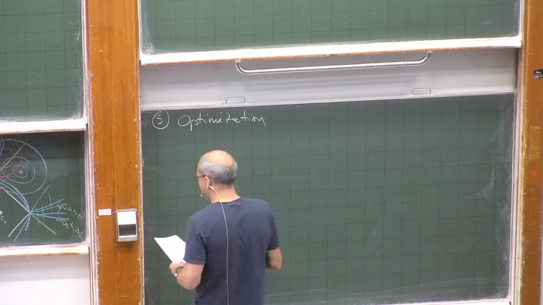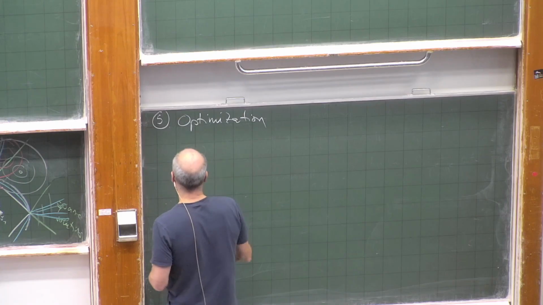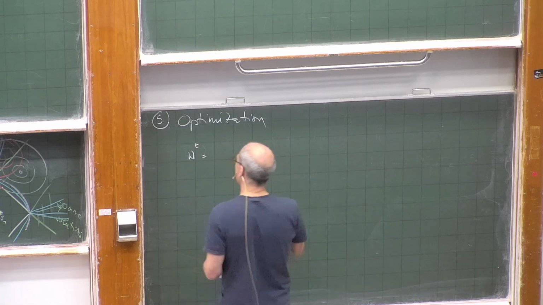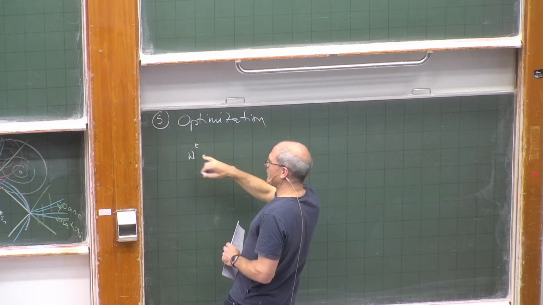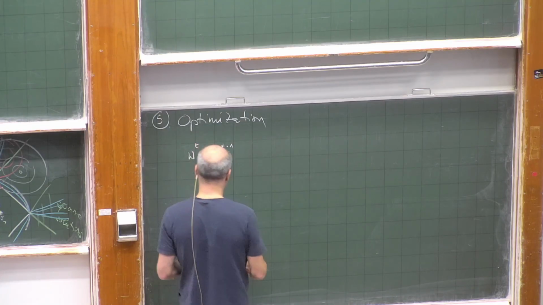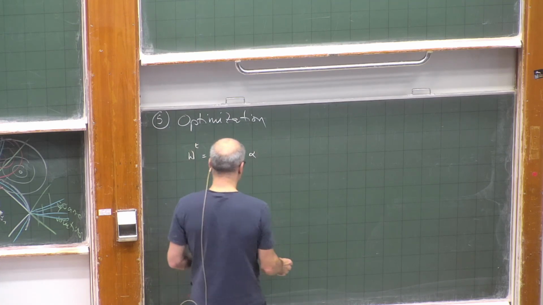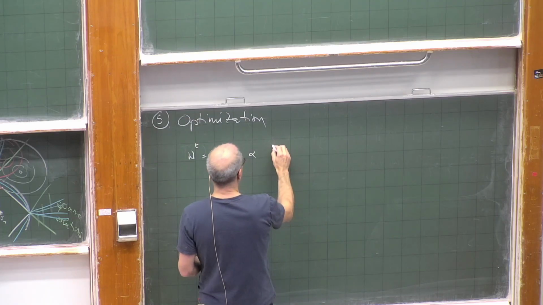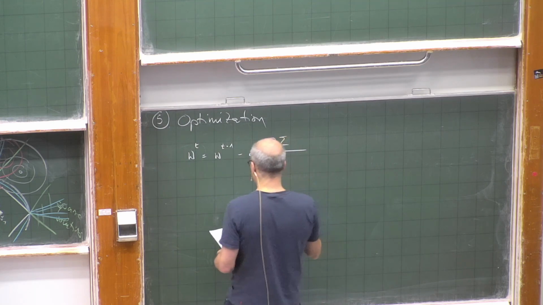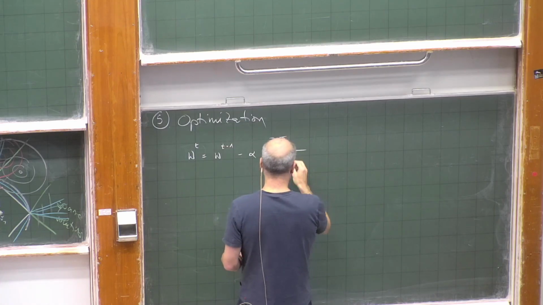In optimization, the standard approach is to use some form of gradient descent. So we have a parameter vector that is now at iteration t. And we say that we start from our estimate at iteration t minus 1, and then we compute the derivative of our loss with respect to the parameter vector.